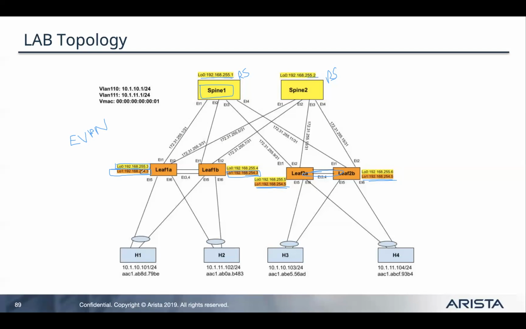Just make sure this is the 254 network for VTEP, and the loopbacks are on another network, 255: 255.1, 2, 3, 4, 5 and 6. So these are loopback addresses we are using to establish EVPN neighborship. Any question?